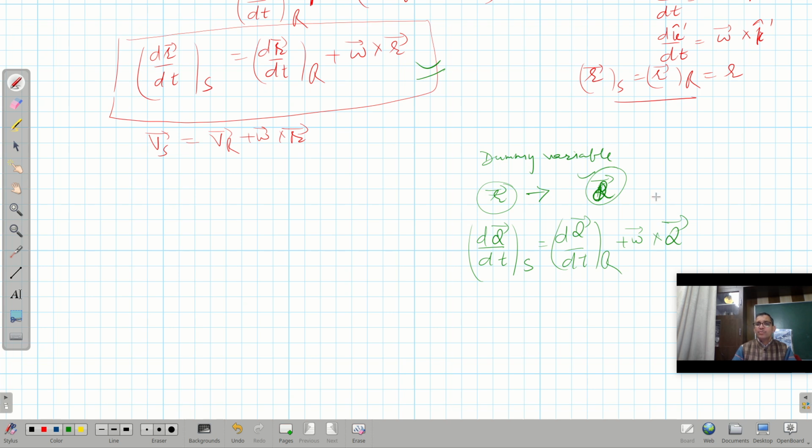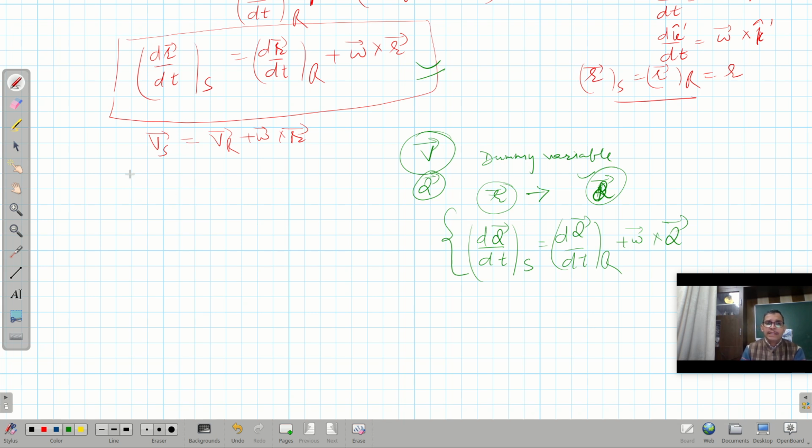As I want to move from the position derivative to the velocity derivative, because the velocity derivative is basically acceleration, for that I will use this dummy variable concept. So keeping this formula in mind, I simply replace this q with the velocity of the particle.